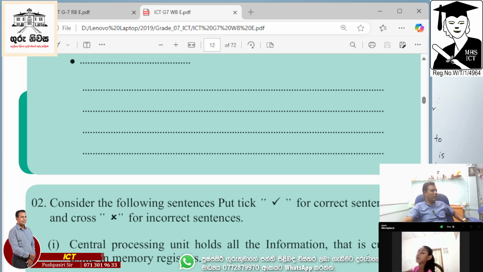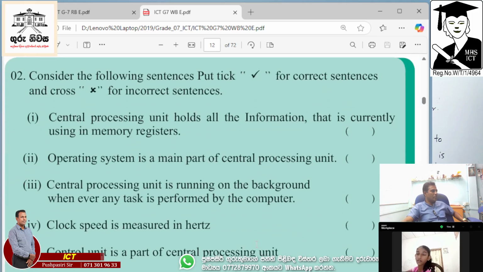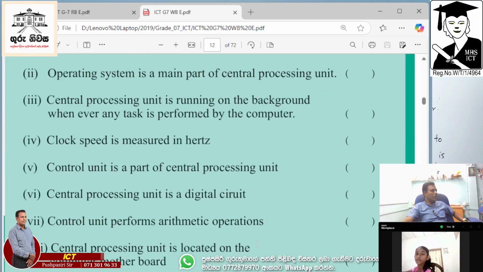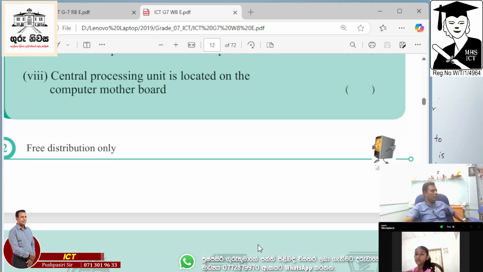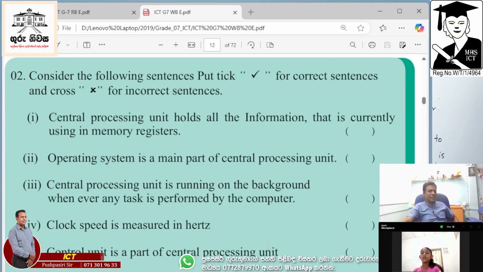Right. The rest of that we have to do another part, no? I think we can do this also. Can you go ahead with this? Right. Consider the following sentences. Put a tick for the correct sentences and a cross for the incorrect sentences. Right.